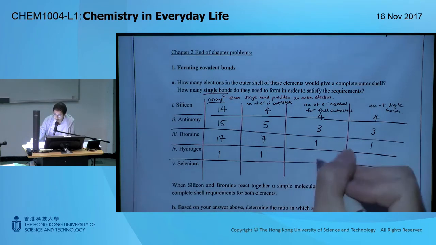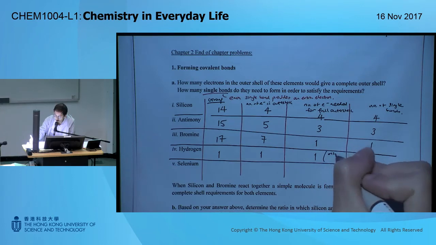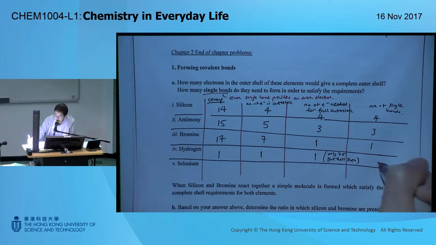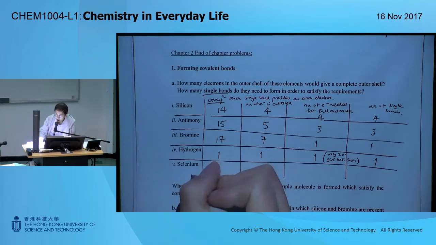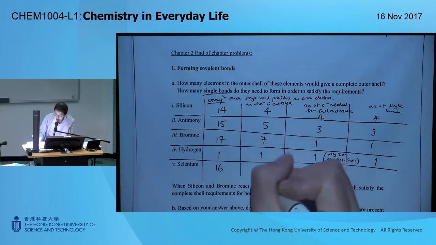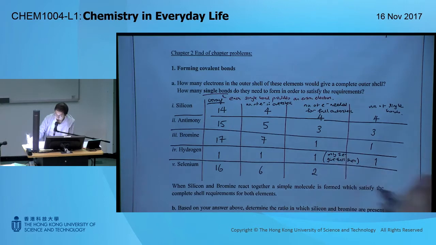So in order to get a full outer shell, only 1 more electron is needed, because only 2 electrons gives a full shell. So it only forms 1 bond. And selenium is an element in group 16, below sulfur. Therefore, 6 electrons in the outer shell, 2 more electrons needed, 2 single bonds.